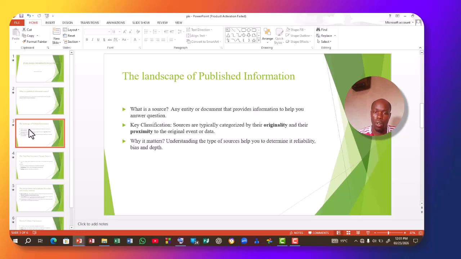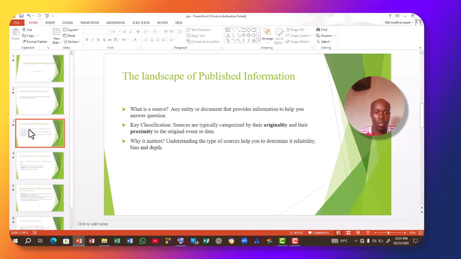Sources are typically categorized by their originality and their proximity to the original events or data. Why does it matter? Understanding the type of a source helps you determine its reliability.